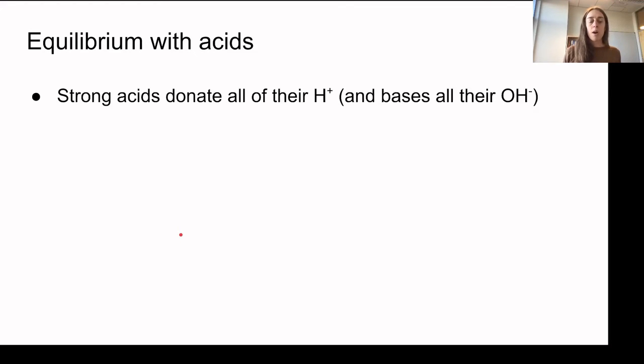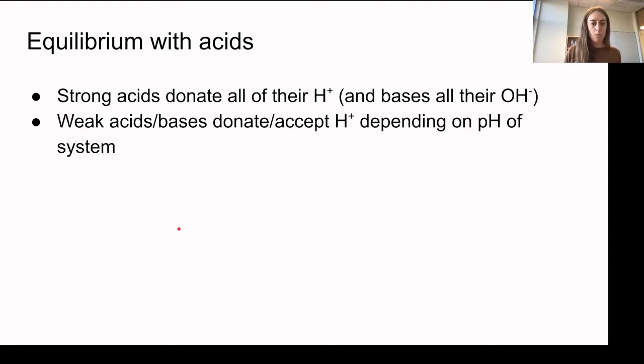If we have a strong acid, you'll remember from the previous video that strong acids donate all of their protons, and similarly strong bases donate all of their hydroxide ions. Weak acids and weak bases either donate or accept protons depending on the pH of the system.